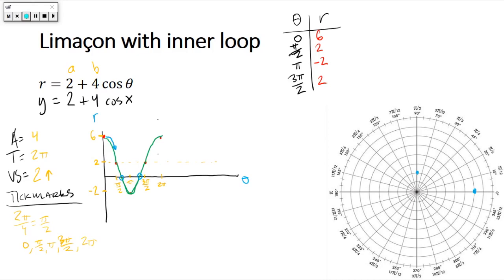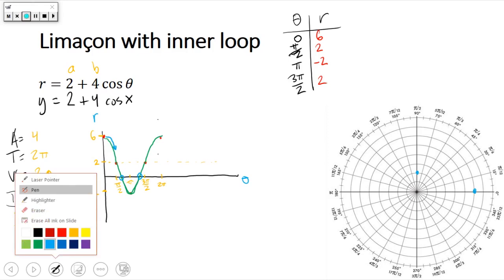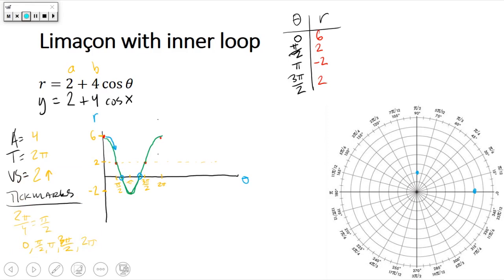So as we're rotating this way, our line is going to get closer and closer to that pi over 2 value. So it's going to do something like this here.